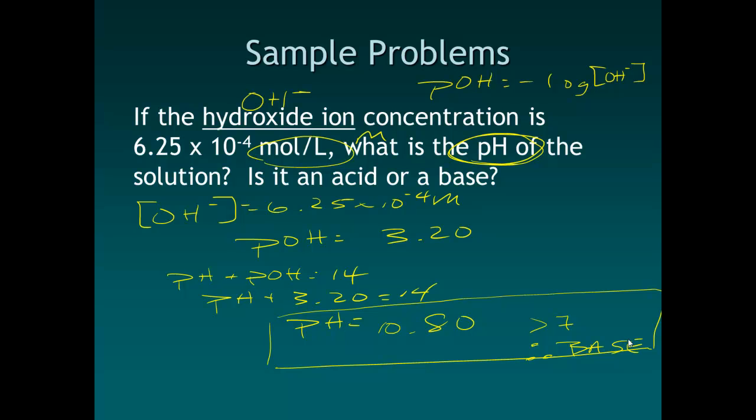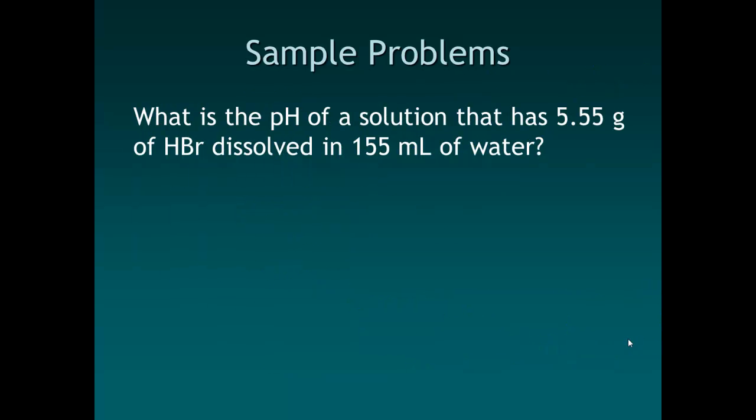Okay, so a couple extra steps. You got to pay attention closely whether or not it's giving you the hydrogen ion concentration or the hydroxide ion concentration. We're going to do one more here. What's the pH of a solution that has 5.55 grams of hydrobromic acid dissolved in 155 milliliters of water?